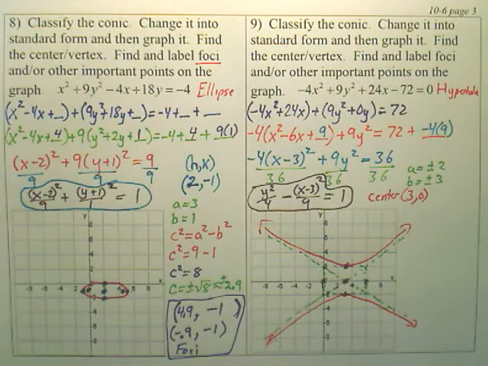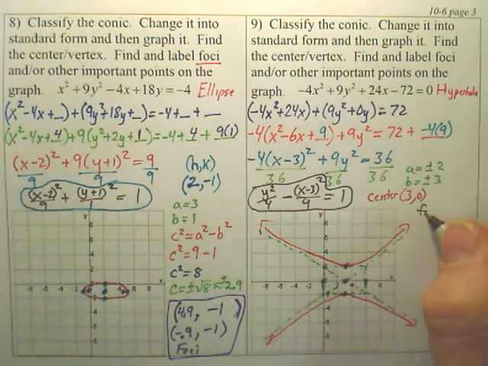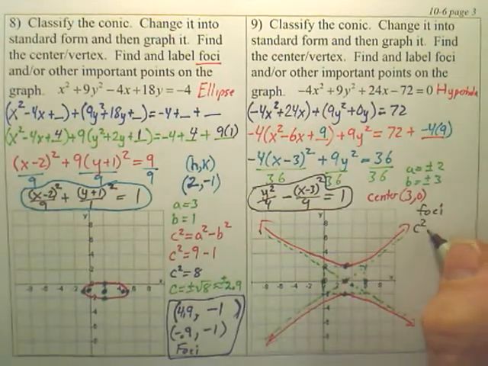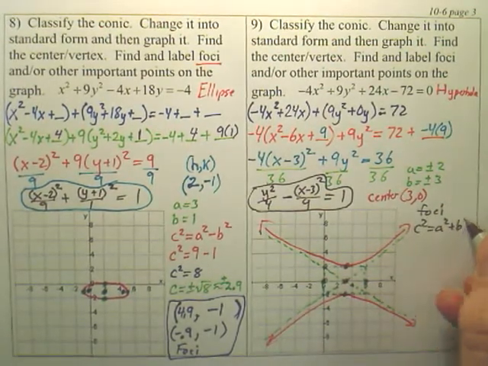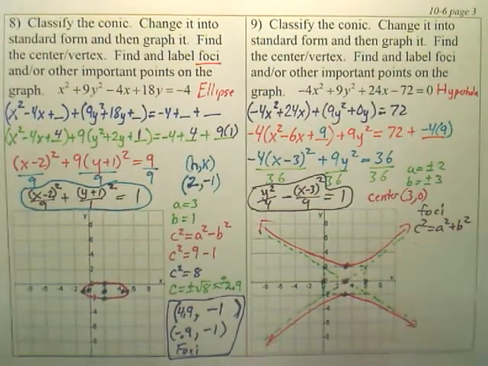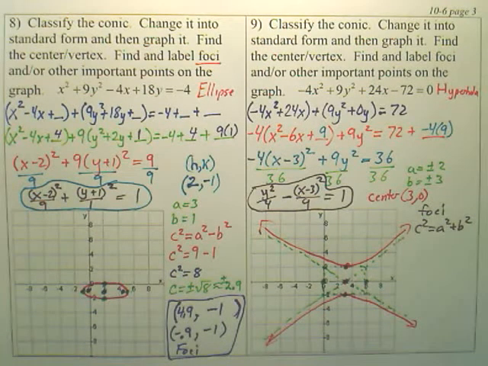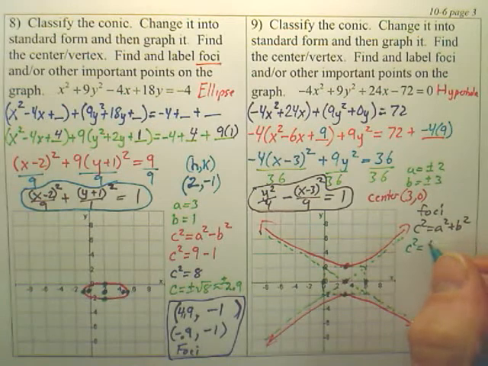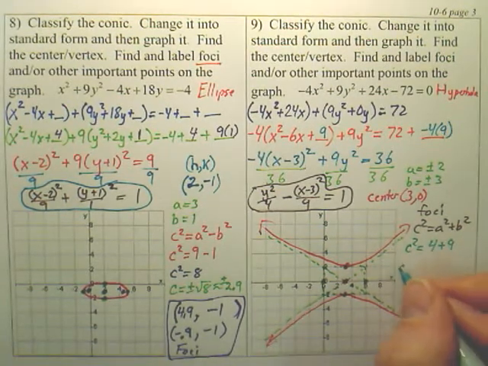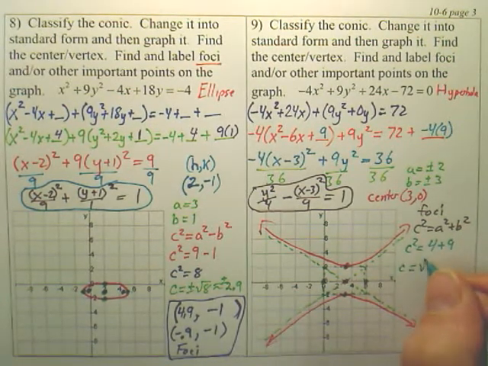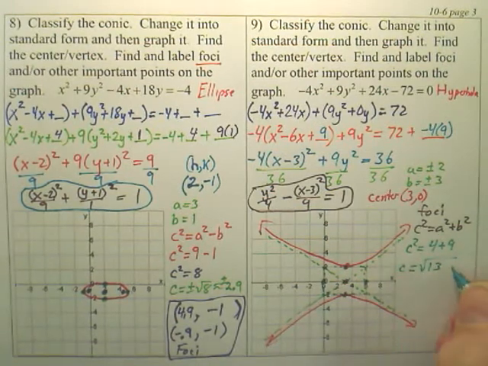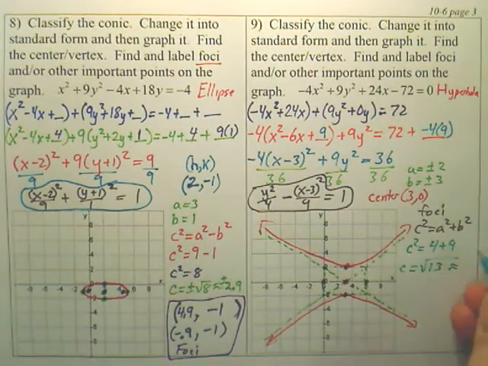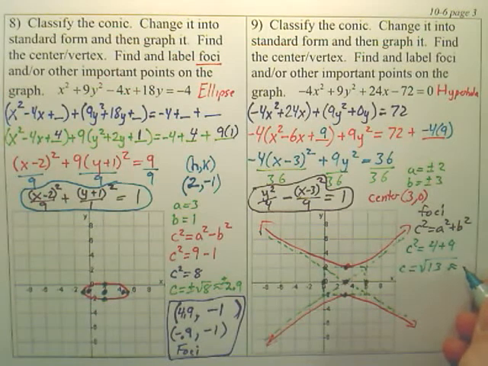And then how do you find your foci? Well, your foci is c squared equals a squared plus b squared. So it looks like c squared is going to be 4 plus 9. So c is going to be approximately the square root of 13, which is between 9 and 16.